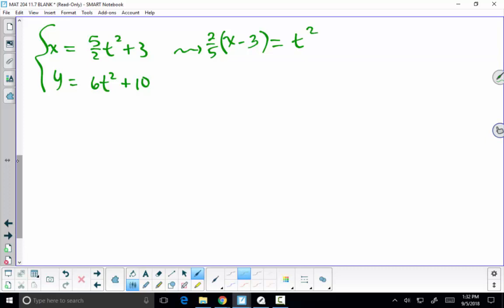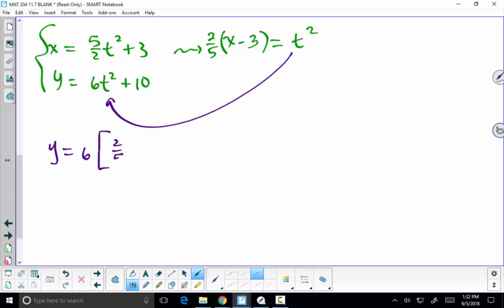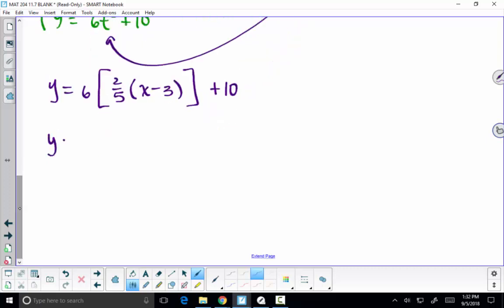That can then be substituted into the second equation. So y equals 6 times the quantity 2/5 times x minus 3, plus 10, and that plus 10 is on the outside. The Cartesian equation is actually not too bad: we get 12 over 5 times x, and combining constants, that's minus 36 over 5.